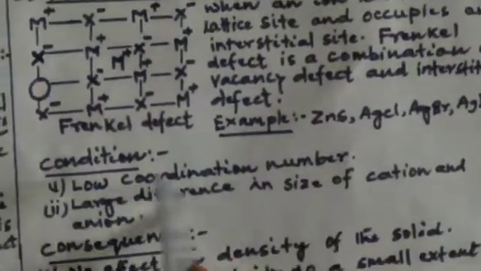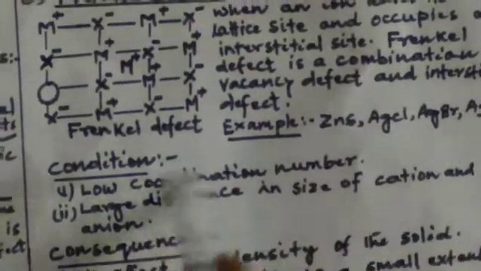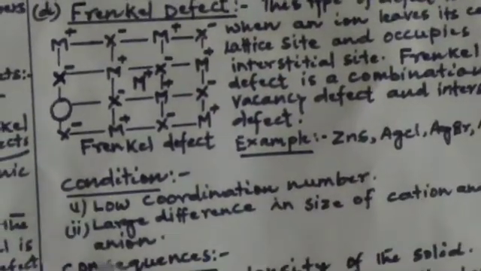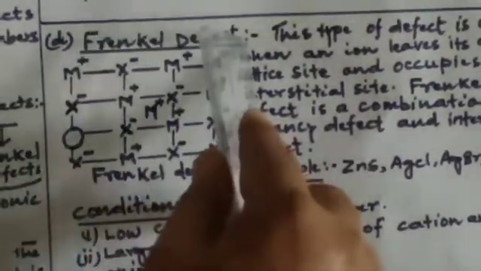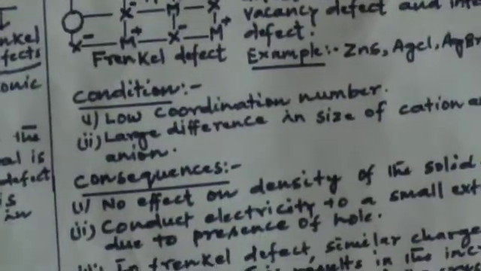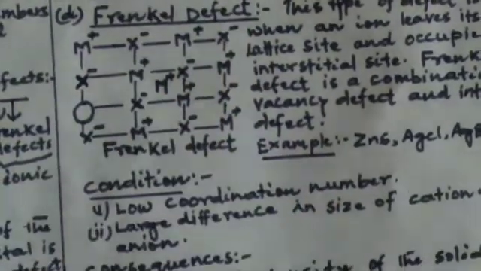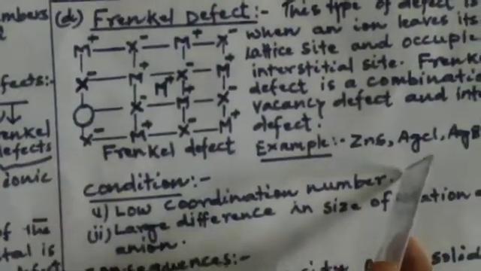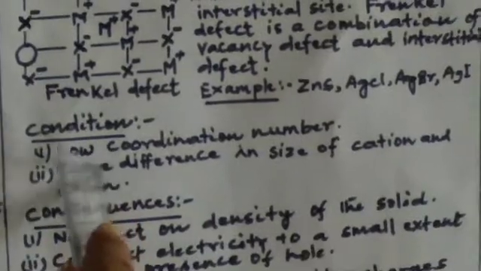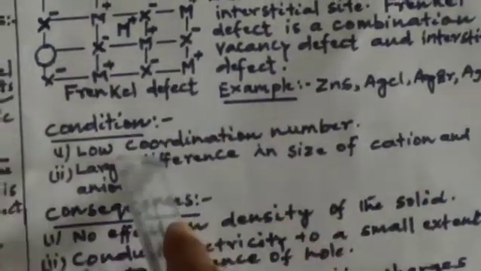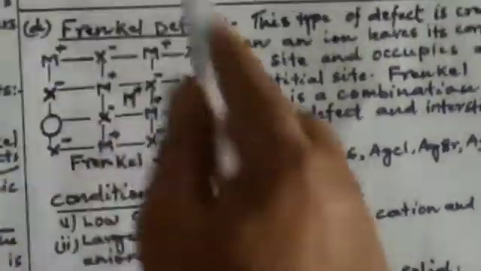That means the cation should be smaller than the anion. If these two criteria are fulfilled, then only the ionic solid is supposed to show Frenkel defect. Condition is very clear: low coordination number and large difference in the size of cation and anion.